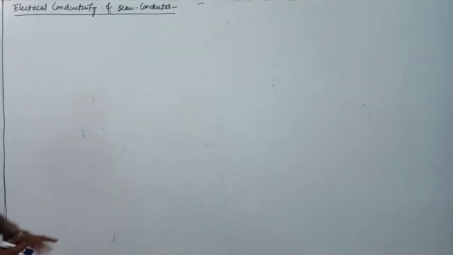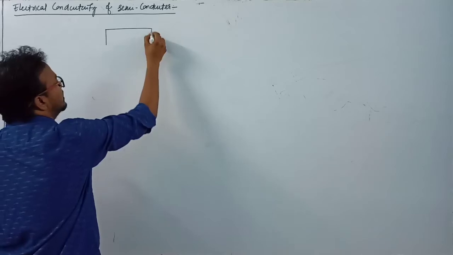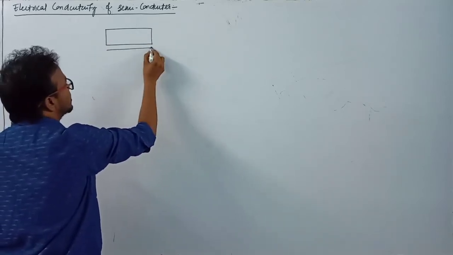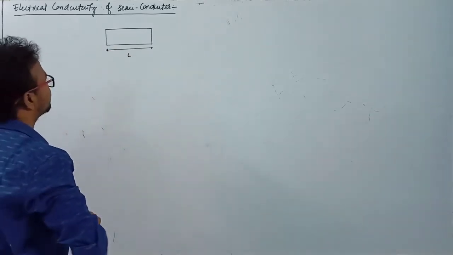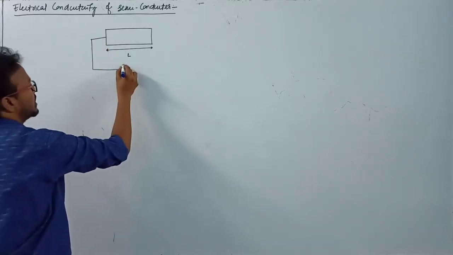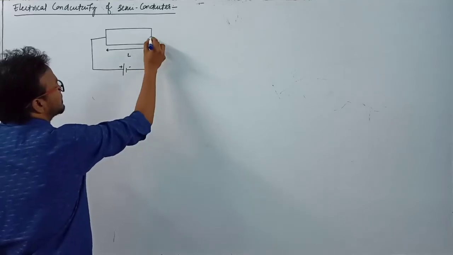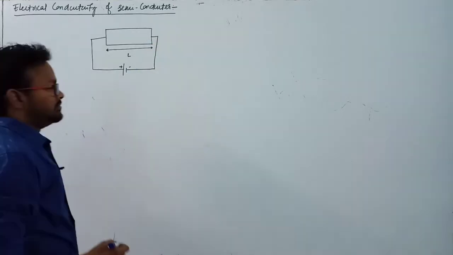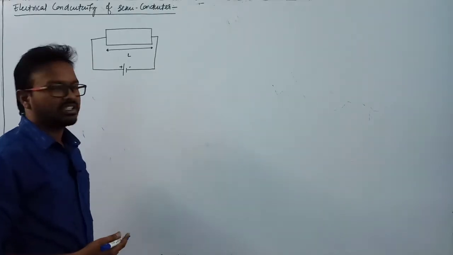Electrical conductivity of a semiconductor. Suppose there is a semiconductor here and its total length is L. If we apply a potential difference across the semiconductor, with positive here and negative here, you know that the electric field always goes from higher potential to lower potential.